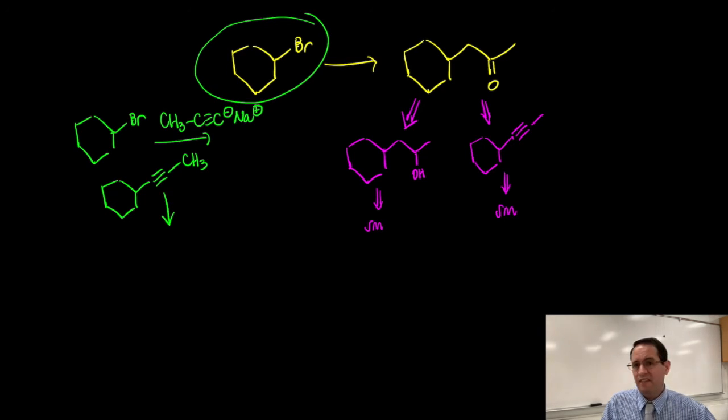Okay, and then in a very, very poor yielding reaction, we can treat this with a couple of different reagents, mercury acetate, sulfuric acid, water, and get us the ketone.